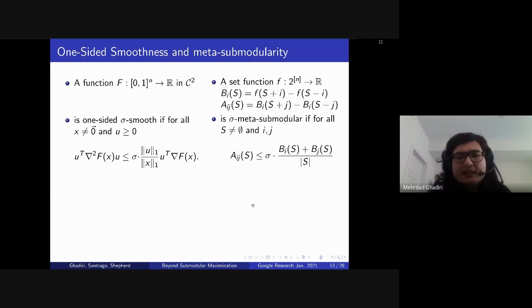So basically, if x was the characteristic vector of S, then the L1 norm of x on the left-hand side would be the size of S on the right-hand side. And then those u factors would just cancel if u was some integral vector.